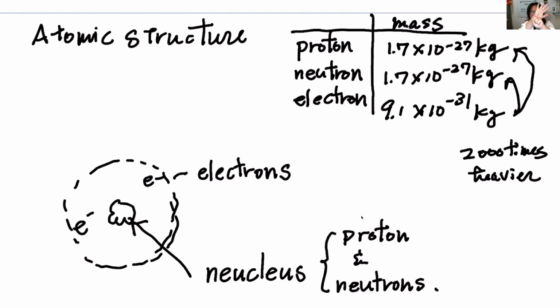And then around it is a very light electron cloud that makes up the space of the atom. So the atomic structure is pretty empty. Although it may have a size of 10 to the minus 10, it's pretty empty. And then at the center, you have a very dense structure. That's the nucleus.